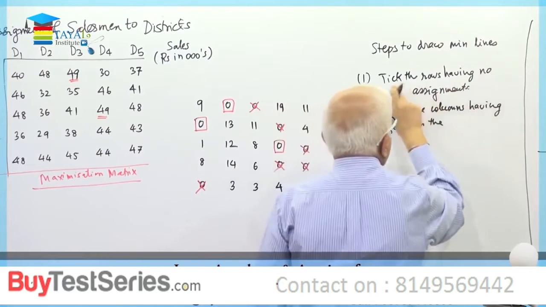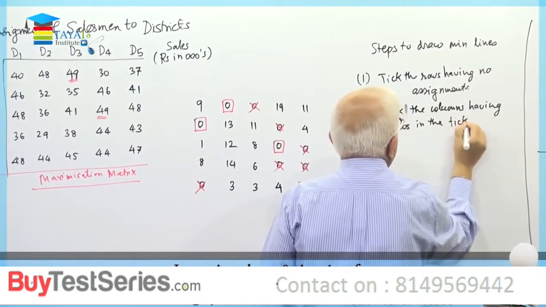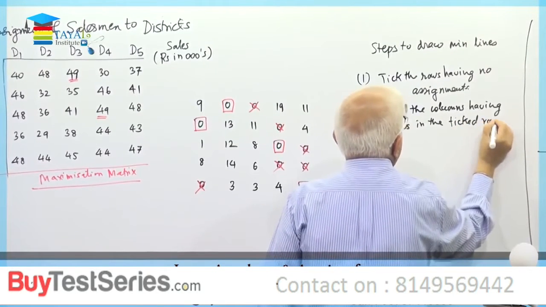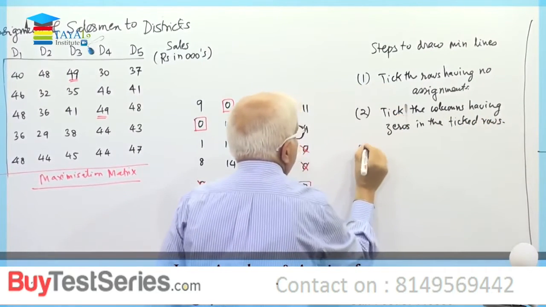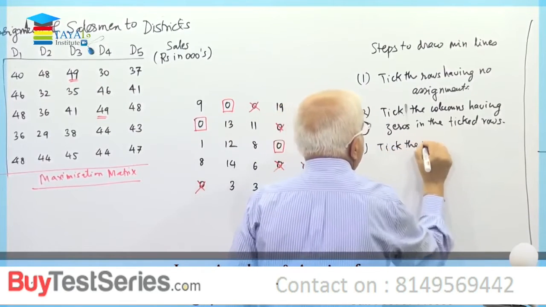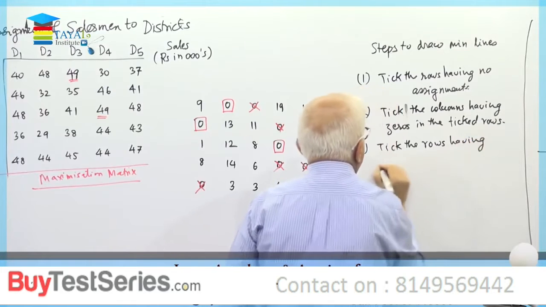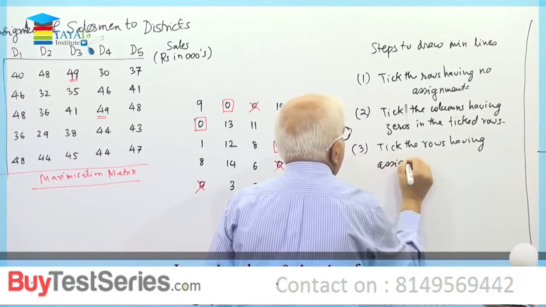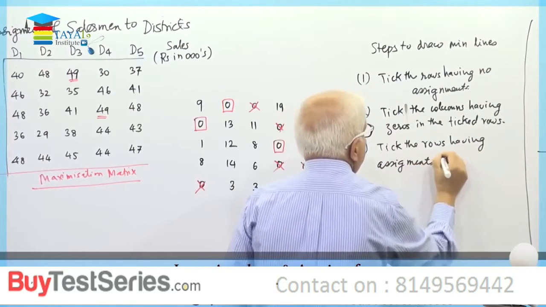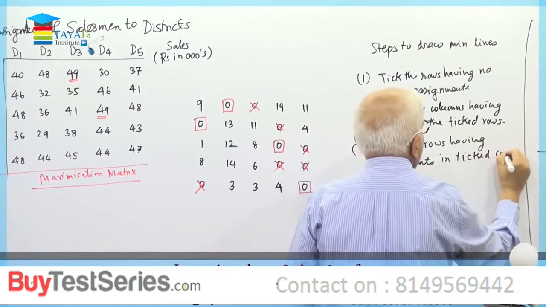Tick the rows having no assignment. Tick the columns having zeros in the ticked rows. Okay. Step number 3, tick the rows having assignments in ticked columns.